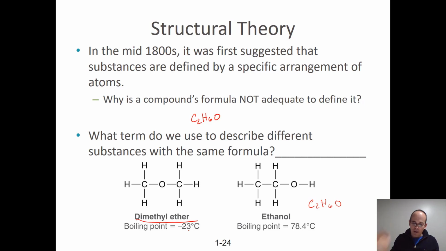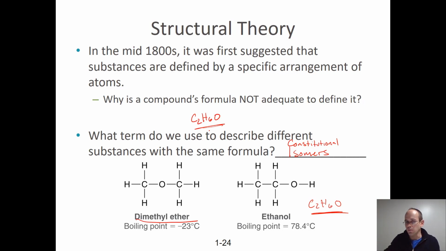So these are compounds with the same chemical formula, but different structural arrangements. And we call these isomers. And specifically, if you remember back to general chemistry, we call these constitutional isomers. Constitutional because they have the same constituents, right? The same chemical formulas, same constituents, but different arrangements.